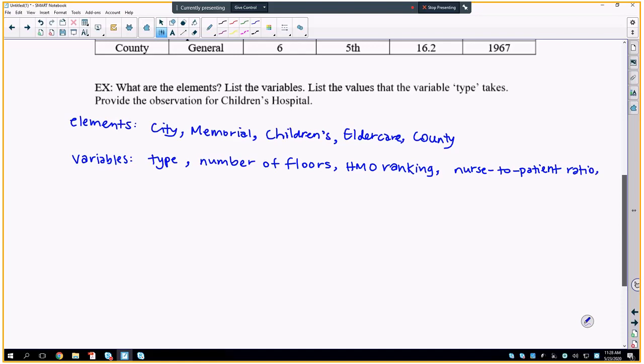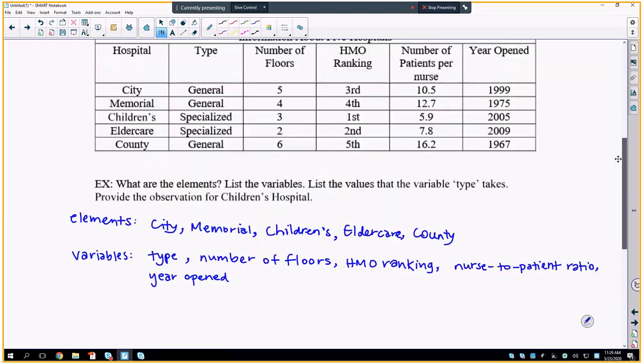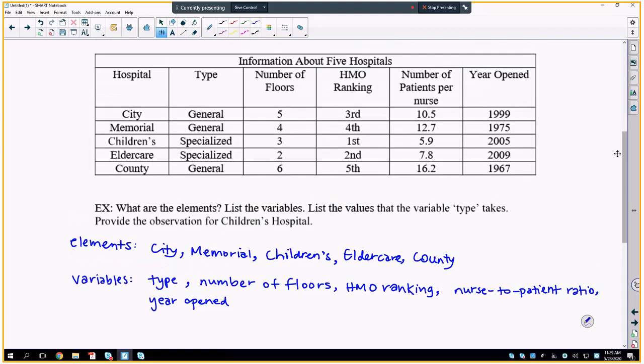So this is all of the information for each element, for each hospital. We want to find out what type of hospital is it, what number of floors does it have, what is its HMO ranking, its nurse to patient ratio, and its year open. So I'm just taking these from here. These are our variables.